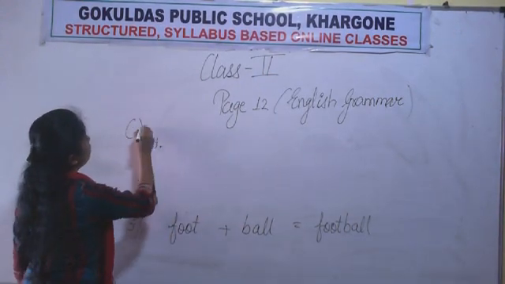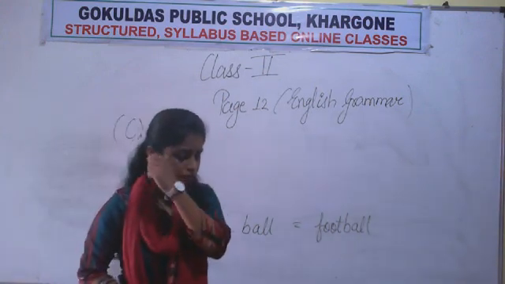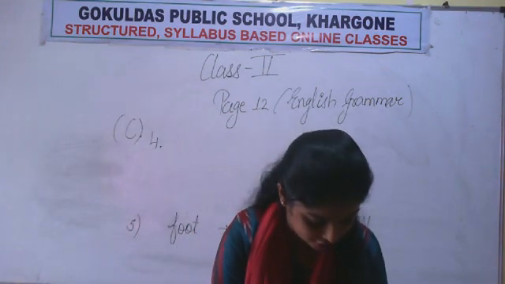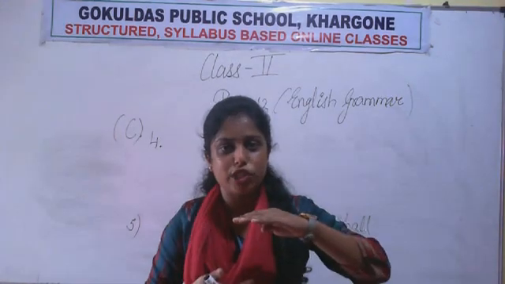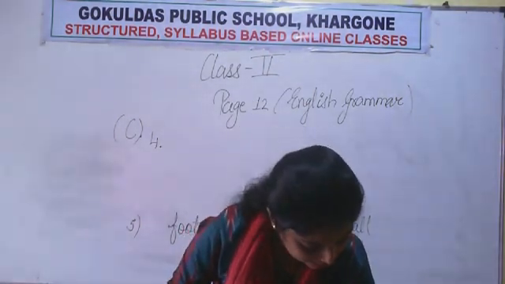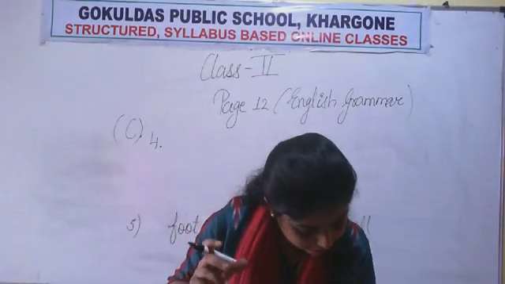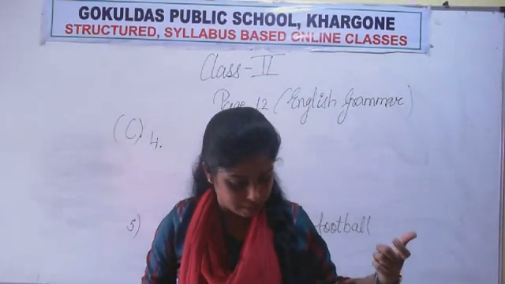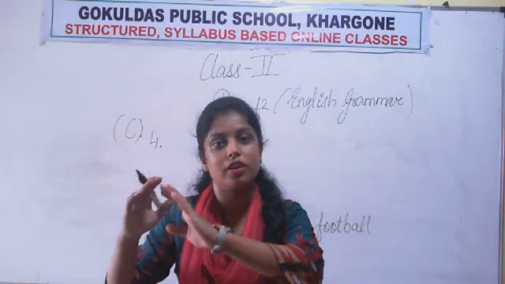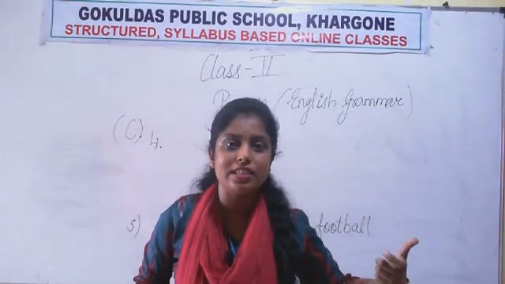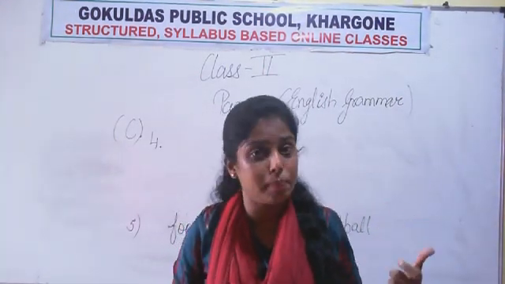Then number 4. Can you see the picture? This is a picture of a can, and on this can honey is written, and the second picture is of a honeybee, or simply a bee.